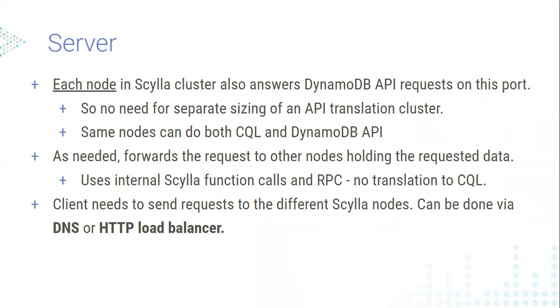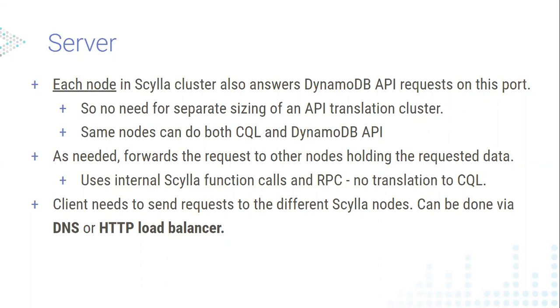Of course, as usual in Scylla, one node gets the request, but typically other nodes contain this data, and usually you even need more than one node because of the consistency level in replication. So all of this is taken care of internally. The client just needs to send its request to any node in the cluster.